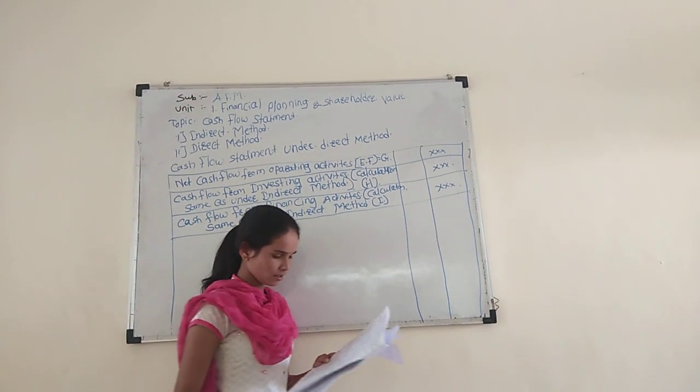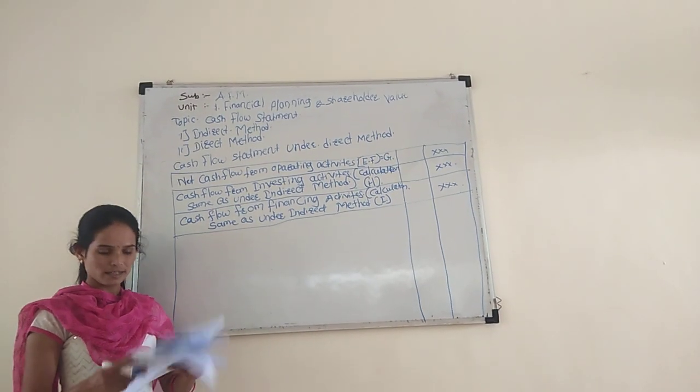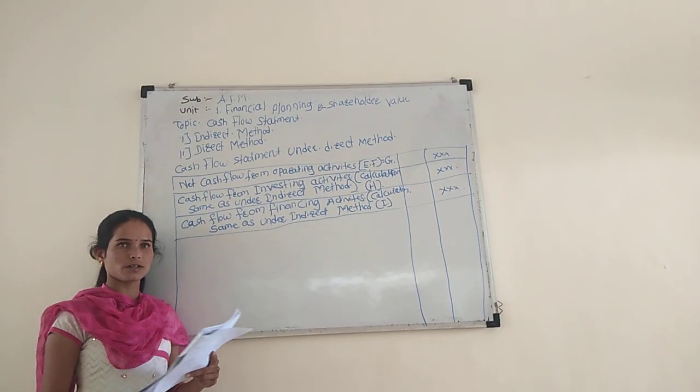The next one is net increase in cash and cash equivalent.